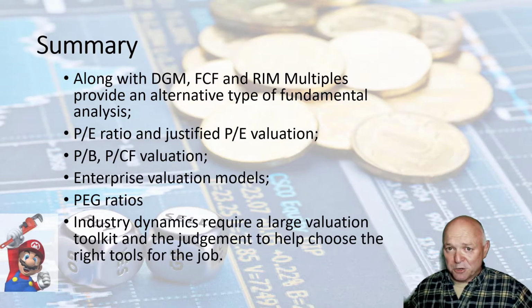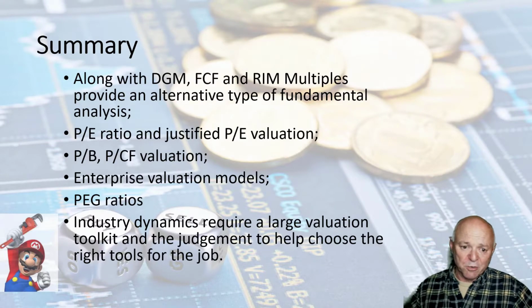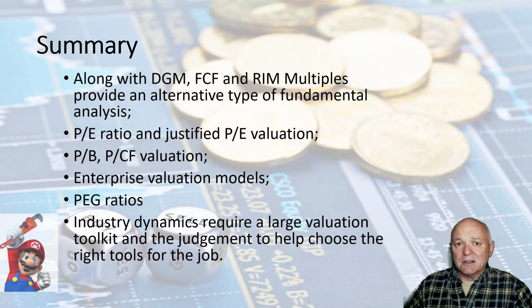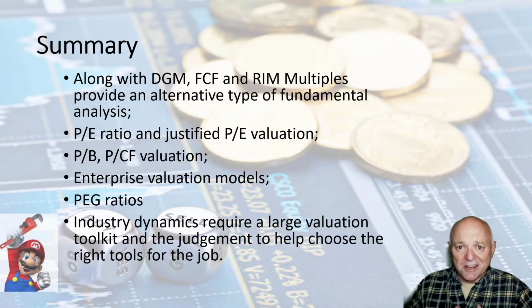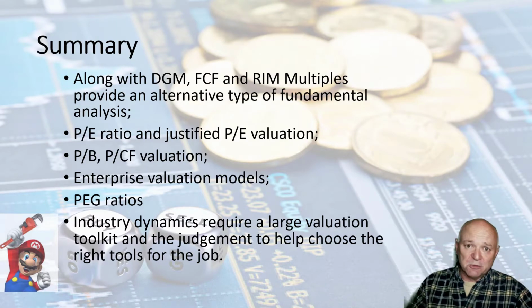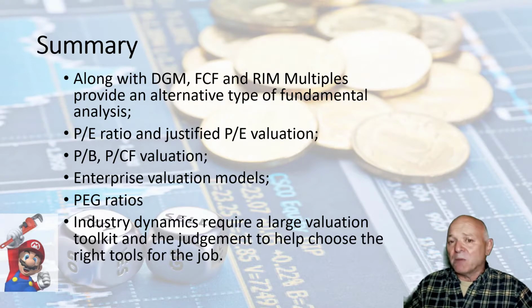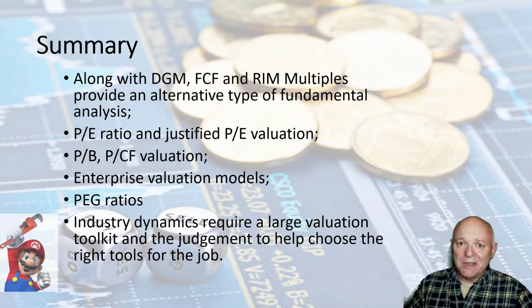And we looked at things like enterprise value and market-to-book value ratios, PEG ratios. The bottom line in all of this is that certain industry dynamics require us to be able to use several different alternative tools. And probably even more importantly, we have to develop the judgment to help us choose the right tools for the job.